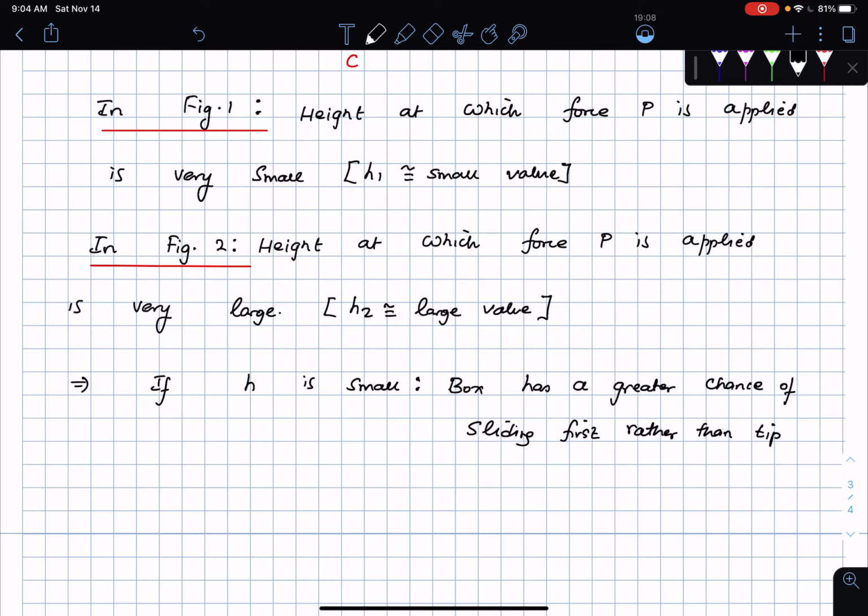Tipping means rotating about a certain point. And if the height h is large, then the box will probably tip first, rather than sliding.